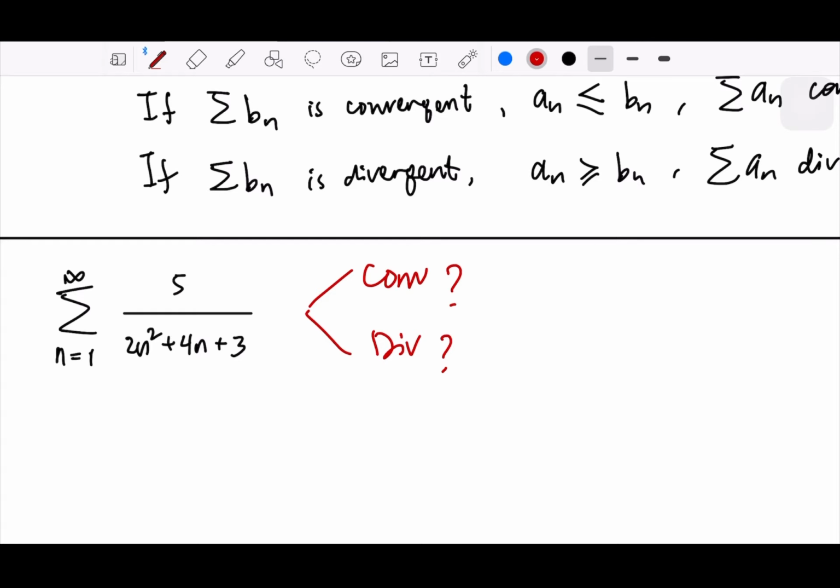But what we can do to approach this is by looking at the fractions, and this n squared is, by polynomial degrees, the highest degree. So probably we can compare this whole rational function with just 5 over 2n squared. I think that's a good way to compare.